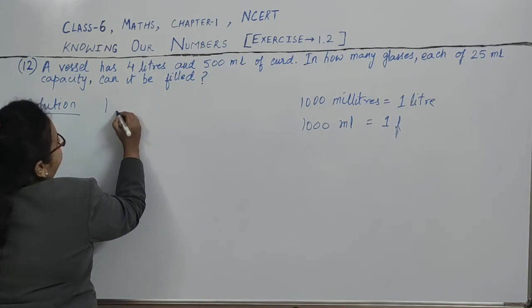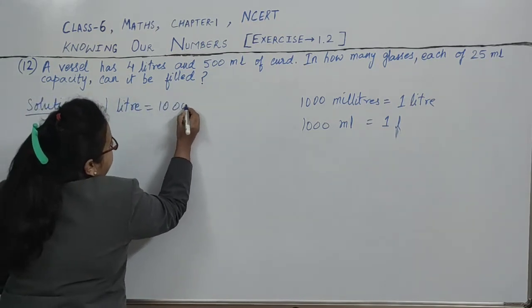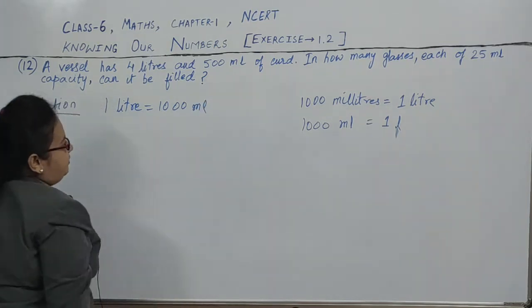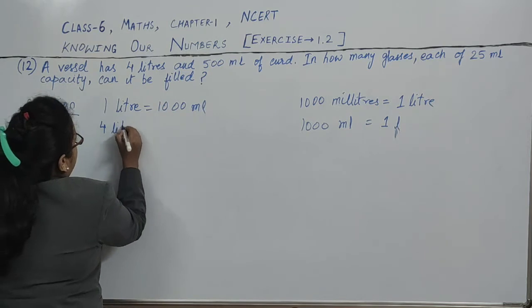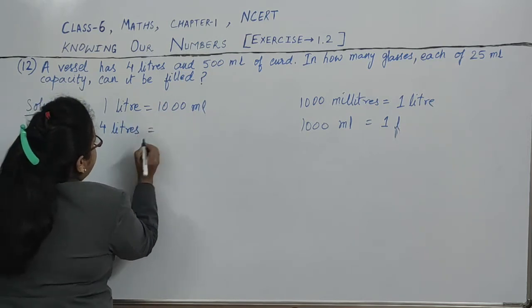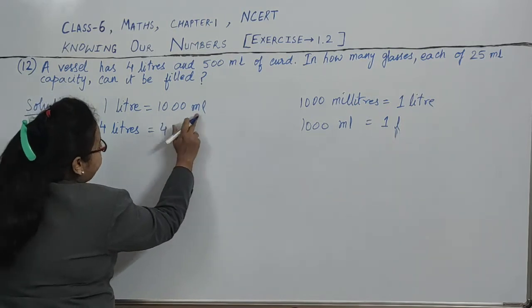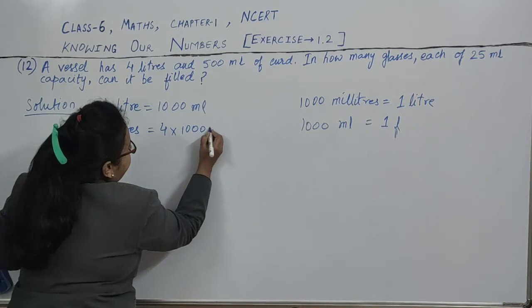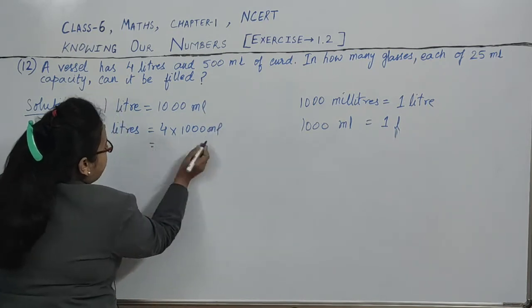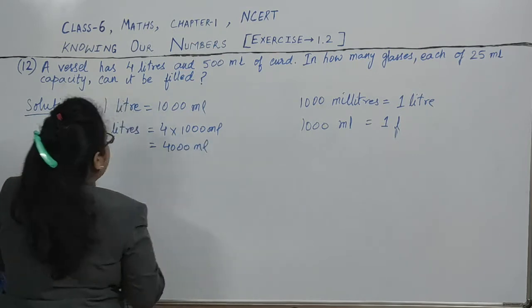1 liter is equal to 1000 ml. So what will be 4 liters? 1 liter is 1000 milliliter, so 4 liters will be 4 into 1000 milliliter, which is 4000 milliliter.